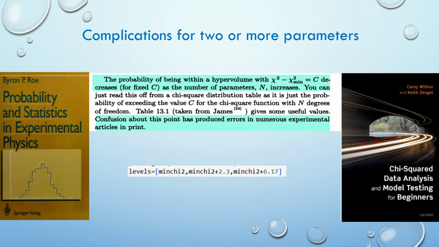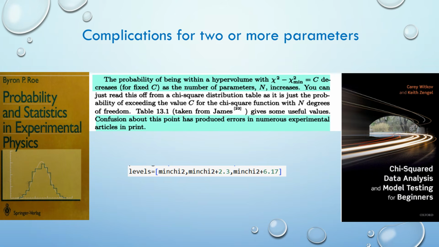But in multiple dimensions corresponding to multiple parameters, this association of 68% to 1 sigma and 95% to 2 sigma no longer holds, as was pointed out by Byron Rowe in the book Probability and Statistics in Experimental Physics, where he cautions that confusion about this point has produced errors in experimental articles in print.